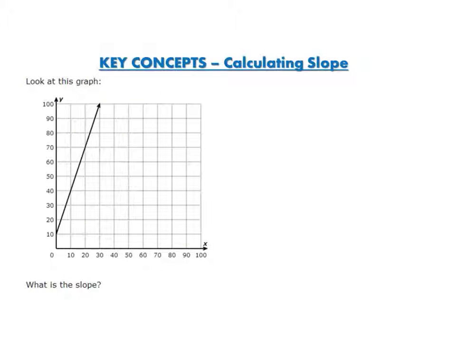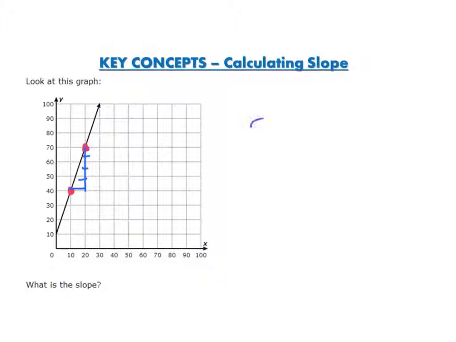Let's look at how to find slope when you have the graph and you want to do rise over run. The first thing to do is find 2 points where the line crosses at an exact point. So we're going to mark these 2 points. So we're going to do rise over run. So I'm going to make a right triangle and I'm going to count the spaces going up. There's 1, 2, 3.